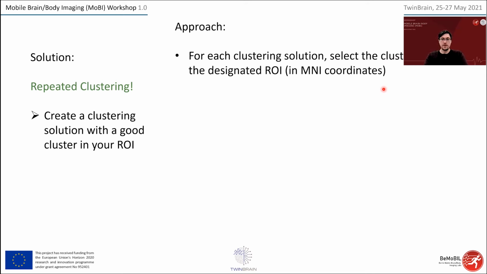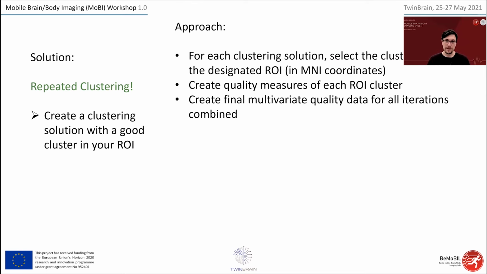For every clustering solution, we have the closest cluster to our region of interest. Then we create quality measures for this region of interest cluster, and from that we create a multivariate quality data for all iterations combined. So for every clustering solution, we have a vector of quality measures that is determined by the ROI cluster in that solution.